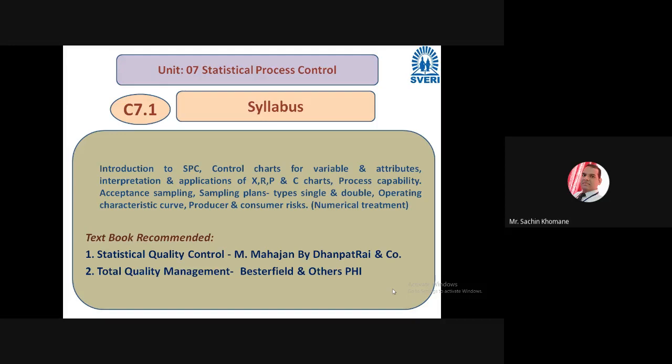Then consumer risk. The consumer is also purchasing the product for the first time even though he has not used it, right? So their risk we have to learn. And numerical treatment based basically on X, R, P charts and acceptance sampling plans.